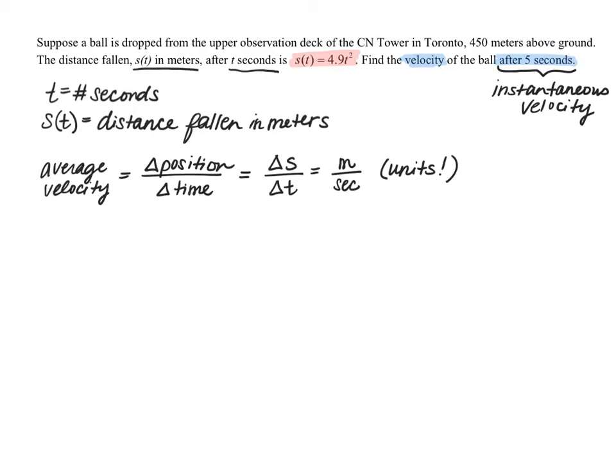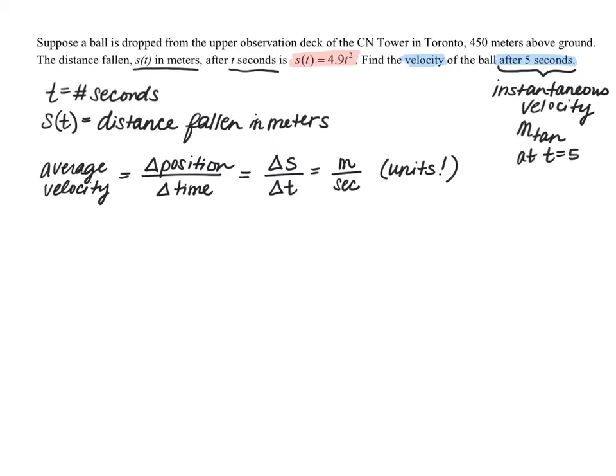We don't often use that word, but I'm using it here because we've discussed an instantaneous rate of change versus an average rate of change in our previous discussions. So it's helpful to note that difference here. We're basically looking for change in position over change in time right at 5 seconds. This is essentially the slope of the tangent line at t equals 5.